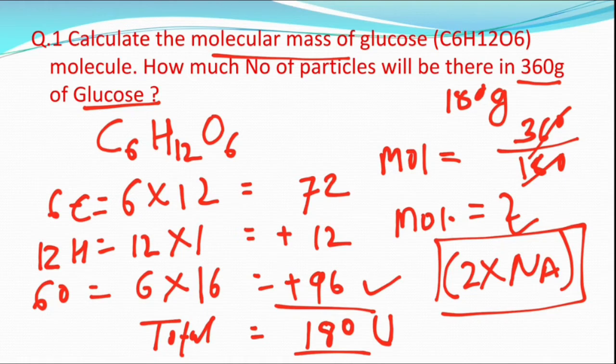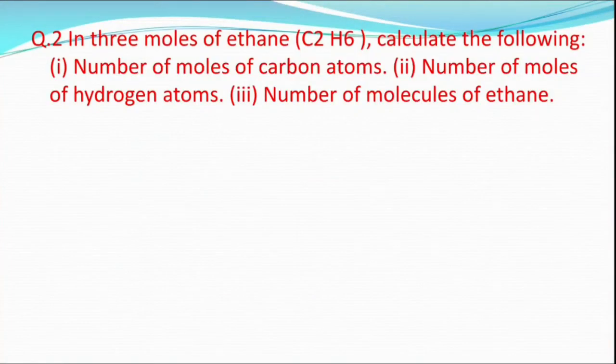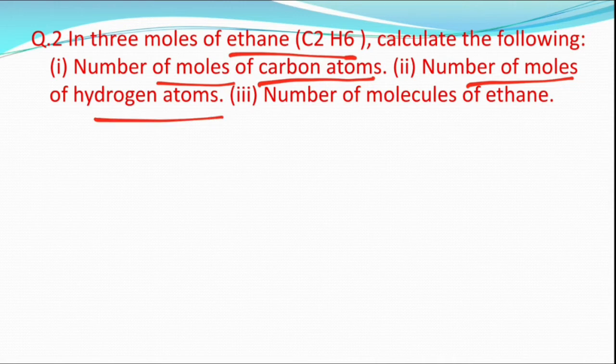Now let's move to question number 2. In 3 moles of ethane, calculate the following: number of moles of carbon atoms, number of moles of hydrogen atoms, and number of molecules of ethane. Again we have to read the question carefully, otherwise we can make silly mistakes in the solution.